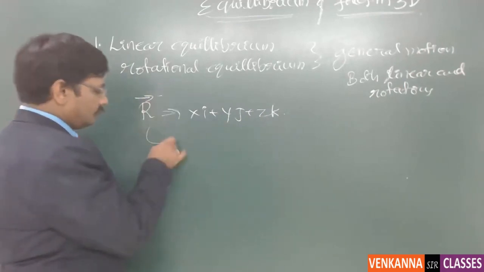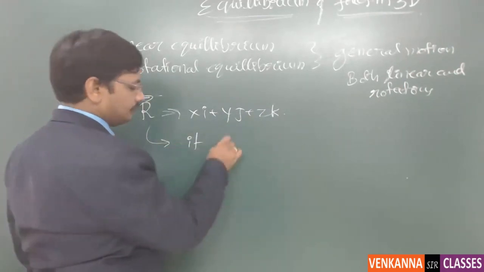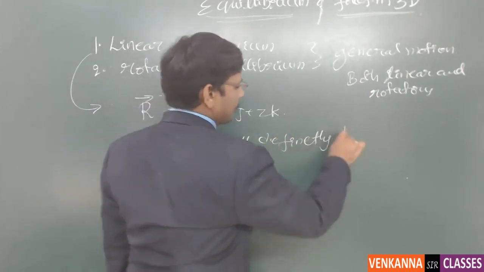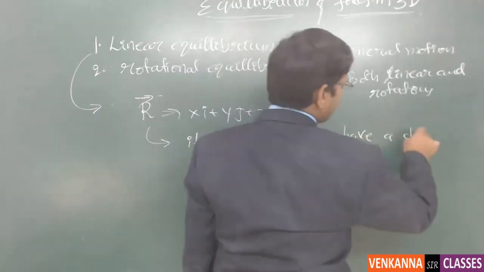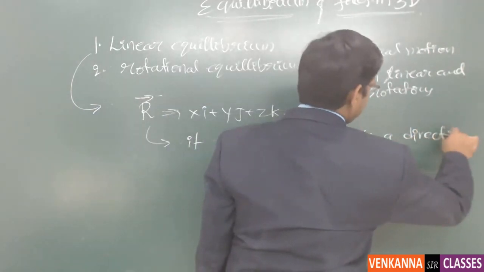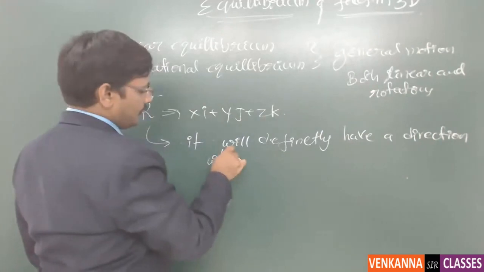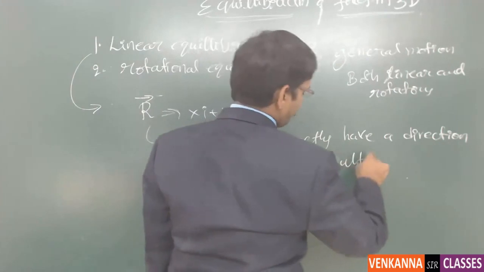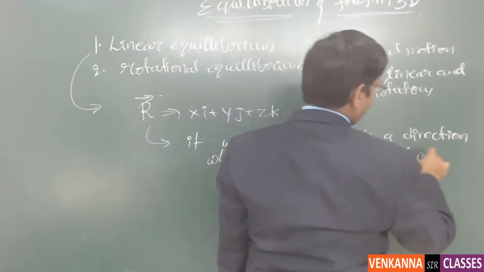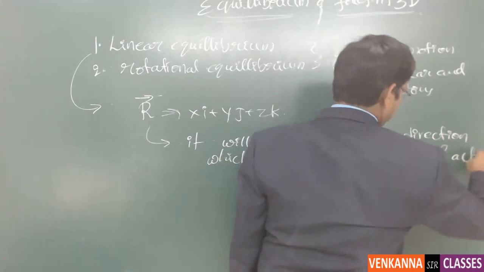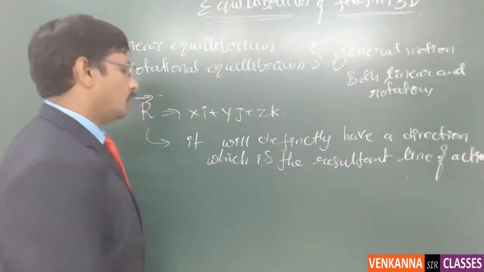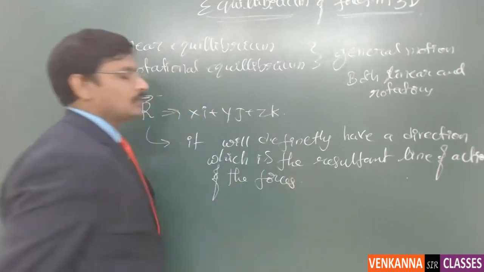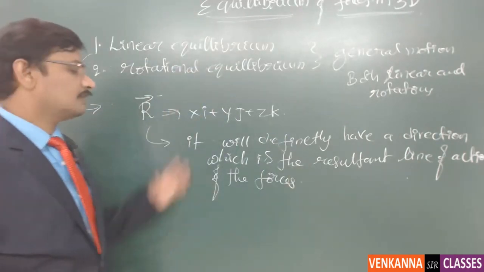Now this R being a vector will definitely have a direction, which is the line of action of the force, the resultant line of action of the force.